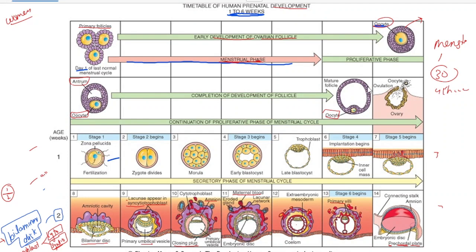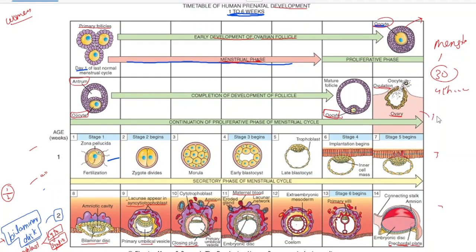After that, it goes into the ovary, and at the site of the ovary, ovulation occurs at day 14.